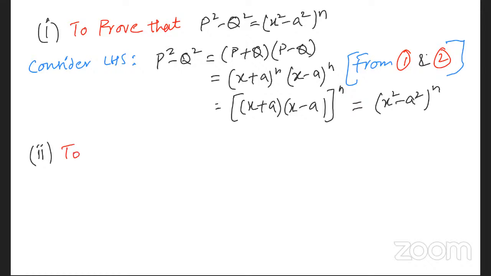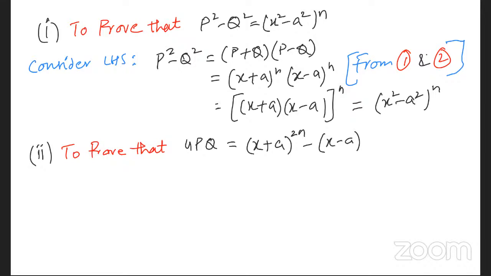Prove that four PQ is equal to x plus a whole to the power of 2n minus x minus a whole to the power of 2n.